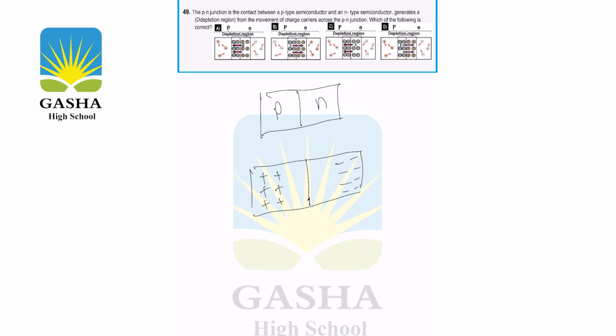And we already know when P and N semiconductors are connected, a depletion region is created. And in the depletion region, the negative charge migrates toward the positive charge. So in the depletion region, in P-type, we have negative charge.